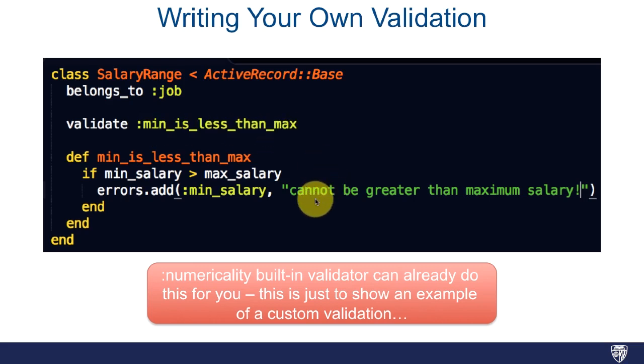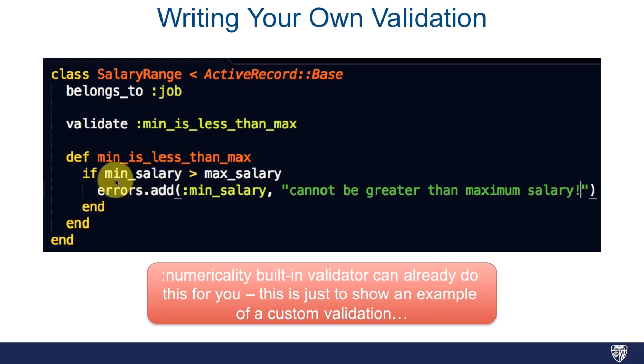Now, just as an aside, the numericality validator already provides this behavior with some options that you could specify, but just to show you how it's done, if you were to write it yourself as a custom validator, this is how it's done. So you do validate, you specify this method that you're about to write as a symbol, so validate basically is going to call this method before it saves information to the database.